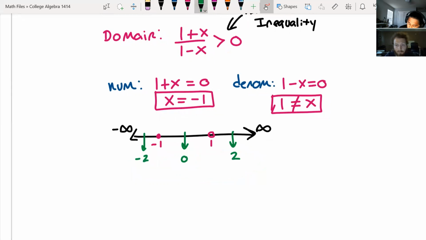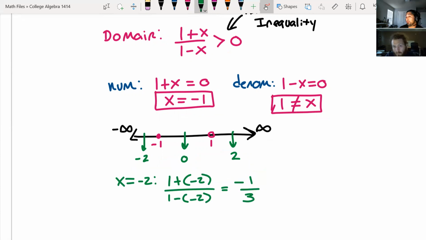At x equals -2, you get 1 plus -2 over 1 minus -2. And here you get -1 over 3. So this means that from negative infinity to -1, we are negative, which means we are not greater than 0.